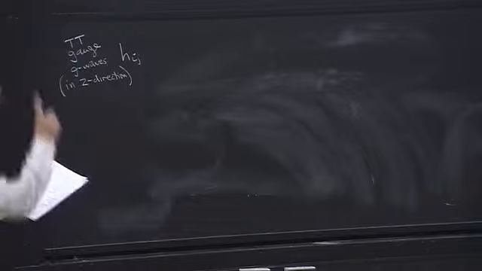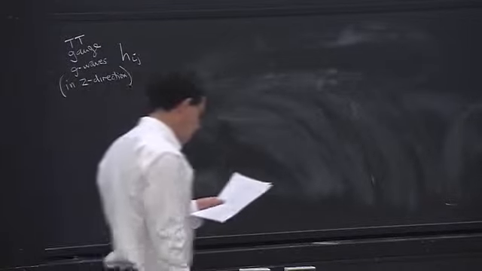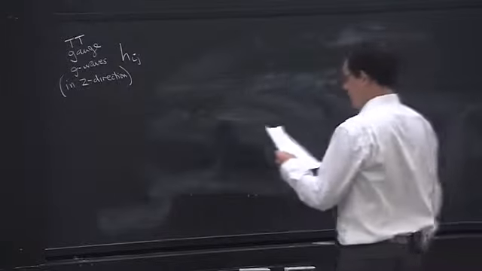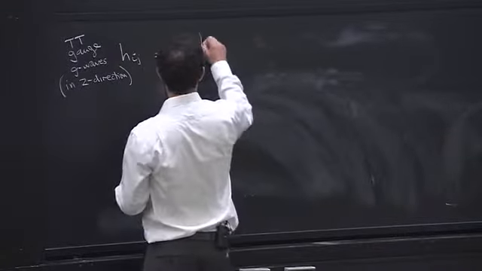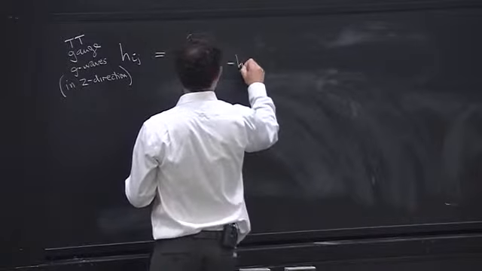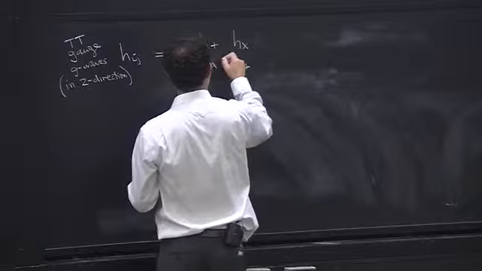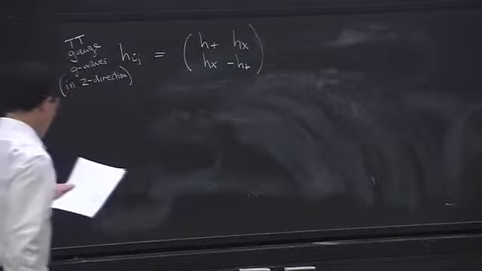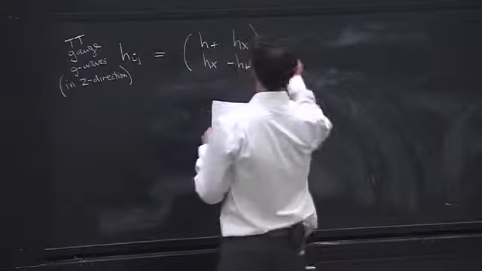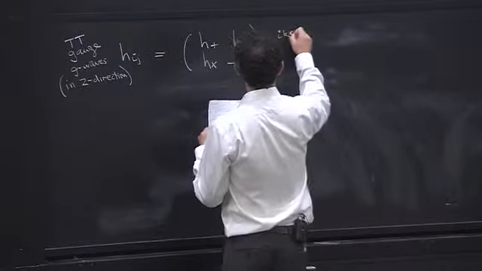Just as before, assuming the momentum is in the Z direction, then h_ij is equal to just this 2x2 matrix, h plus, minus h plus, hx, hx, times e^{ik·x}.